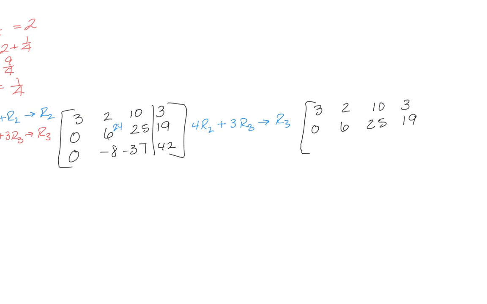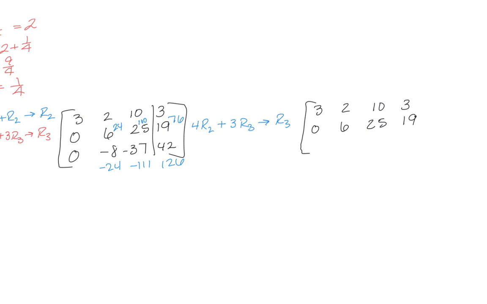This is 24, this is 100. Multiplying all of those entries by 4, this is 76. And then this gets multiplied by 3, so this is negative 24. Negative 37 multiplied by 3 is negative 111. And then 42 multiplied by 3 is 126.